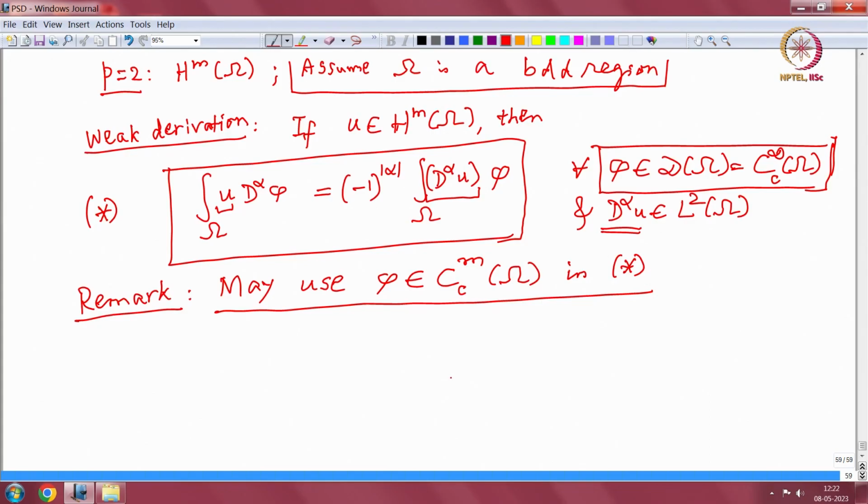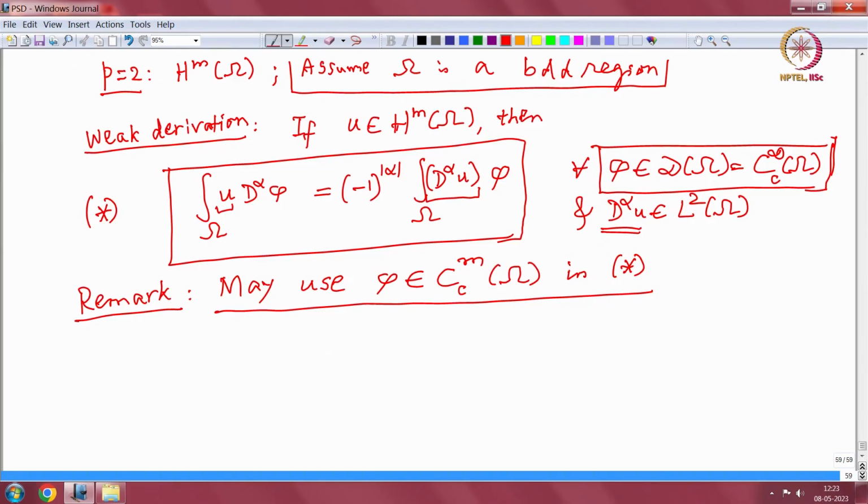Conversely, if star holds for C∞ functions, then for any C^m function, you use its mollifiers. So one argument is to use mollifiers to see that this is valid.